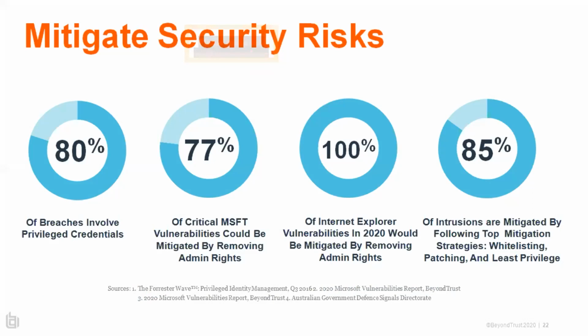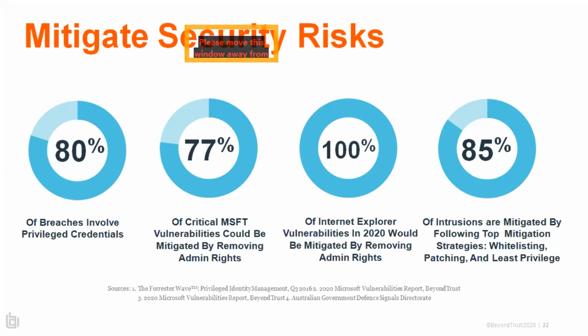And even with the most rigorous process, there are a lot of times when it's challenging to patch certain desktops. But around 77% of these vulnerabilities can be mitigated by just removing admin rights. In fact, 100% of the vulnerabilities of Internet Explorer, so far, could have been mitigated by removing admin rights.